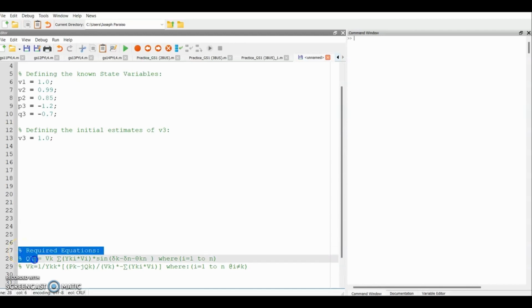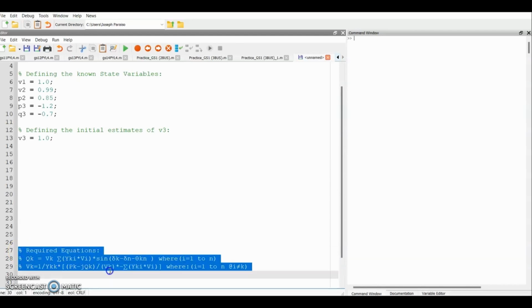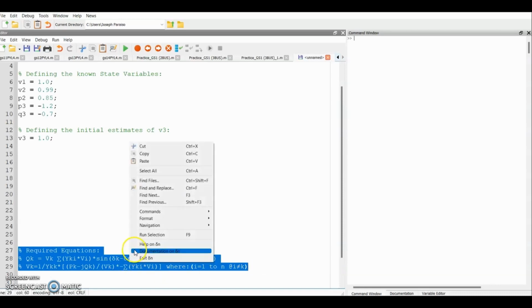I already wrote here the equations, or the recurrence equations, to solve our sample problem.